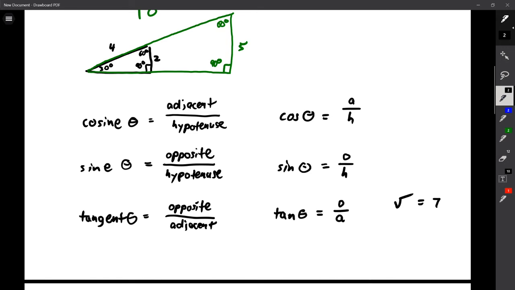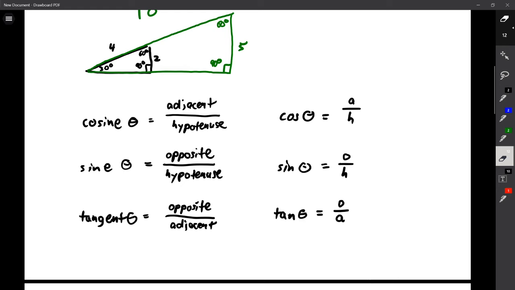We don't just use square root by itself. We put something inside of it that is what we're taking the square root of. Similarly, we don't write just tangent or tan by itself. We put something after it that is what we are taking the tangent of. And so there's always an angle that goes after sine, cosine, and tangent. Okay? And it's what we're taking the angle of.